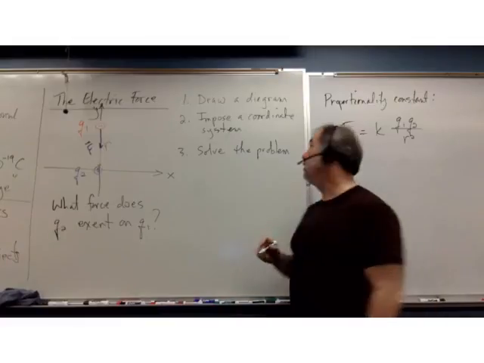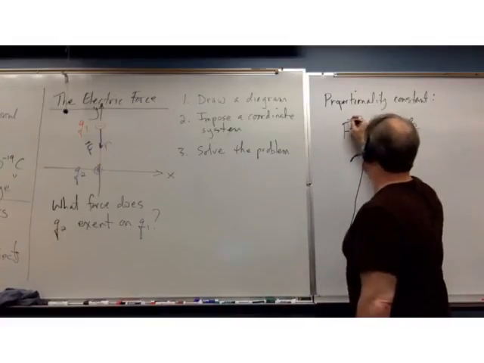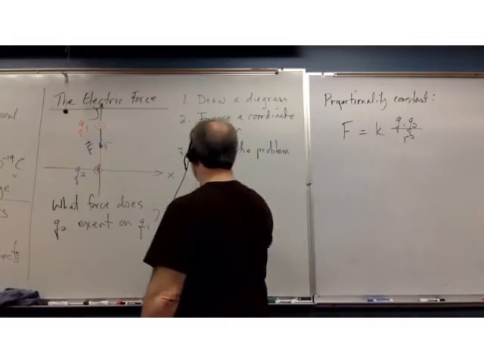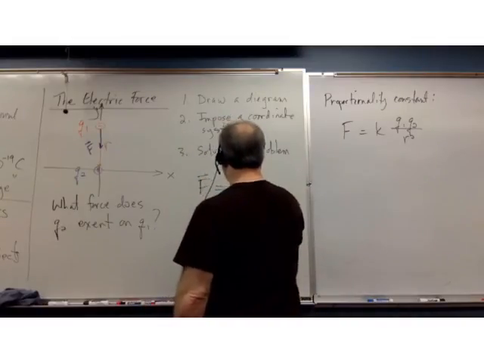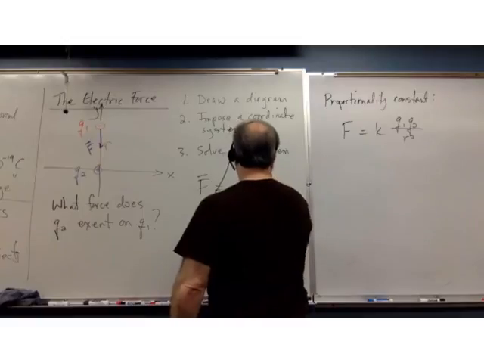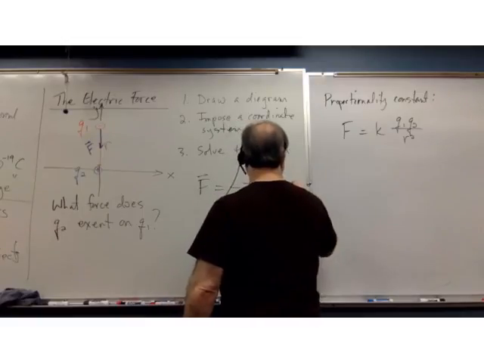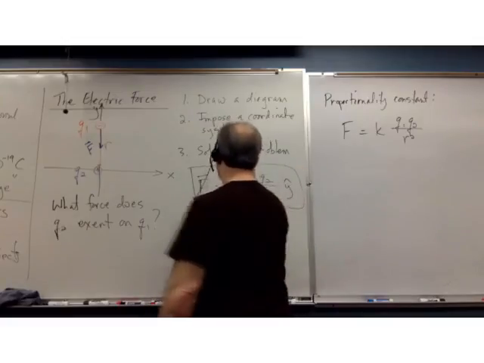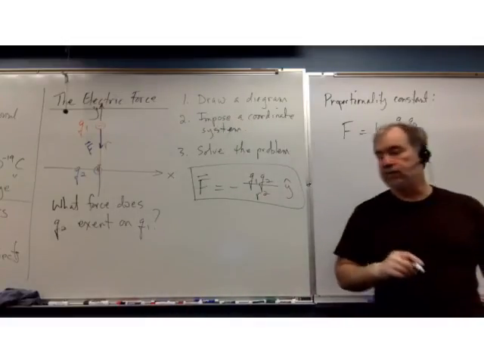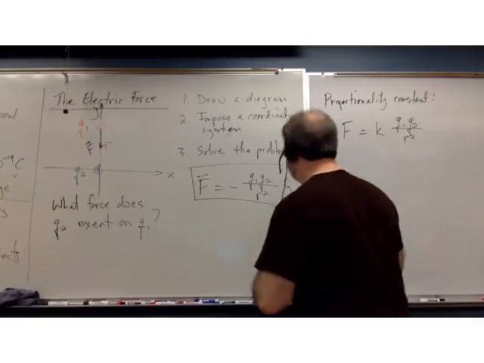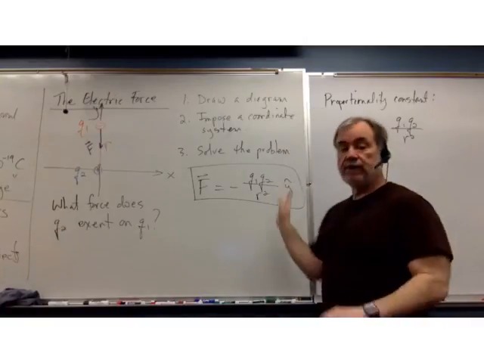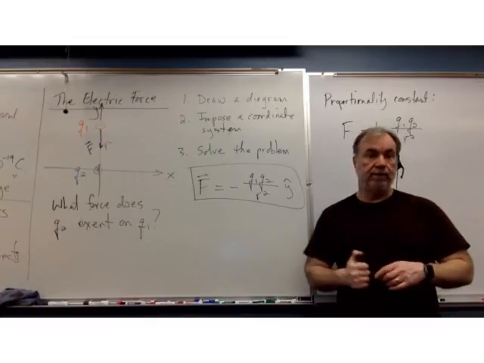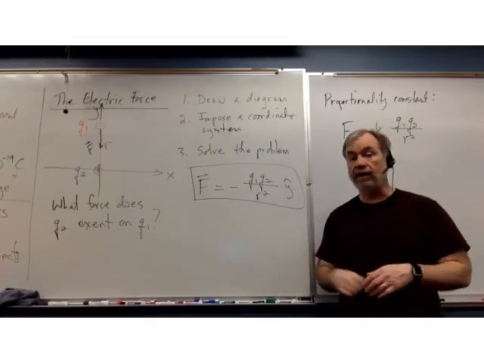So I could label this, if I wanted to, I could say that my force then is in the negative y hat direction. And I've not been given any numbers, so this is all I could do. And this would be perfectly fine, and this is correct, and this is the answer to the question. Since I wasn't given any numbers, this is all I can really write.